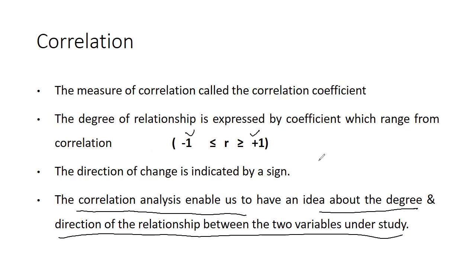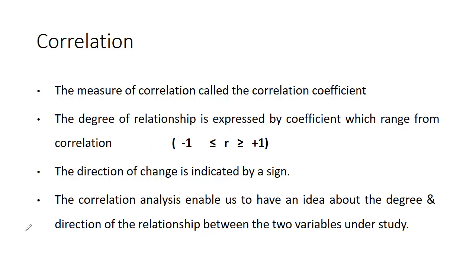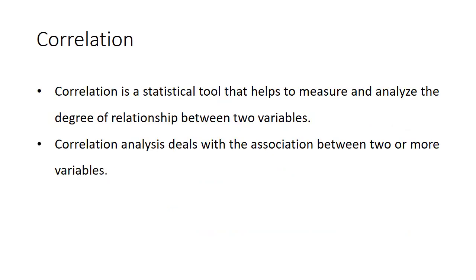Degree means magnitude. If the value of r is near 0, like plus 0.1 or plus 0.2, it is a low degree of correlation. If it is minus 0.1 and minus 0.2, it is also a low degree of correlation. The sign tells us whether the two variables are positively or negatively related to each other.